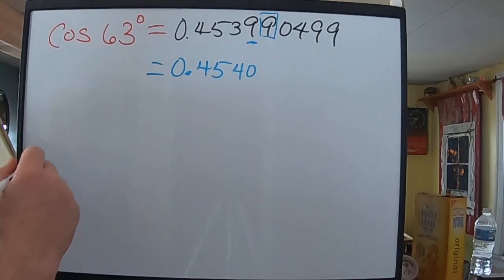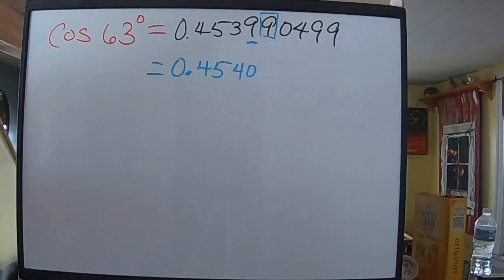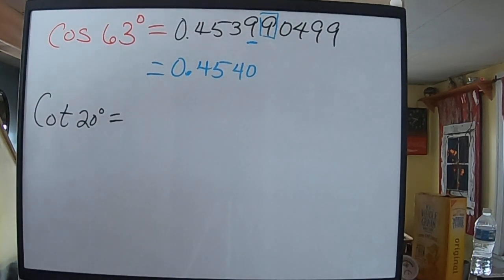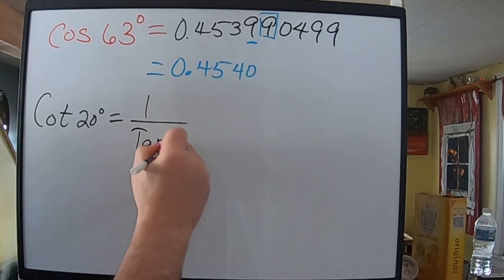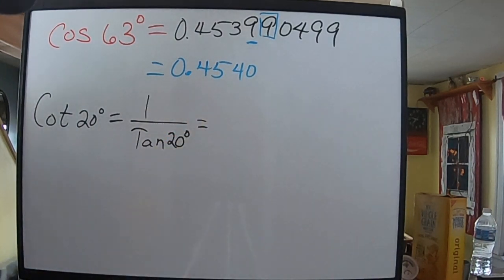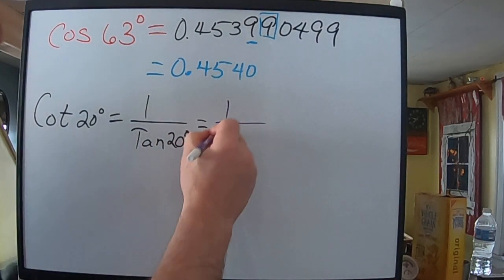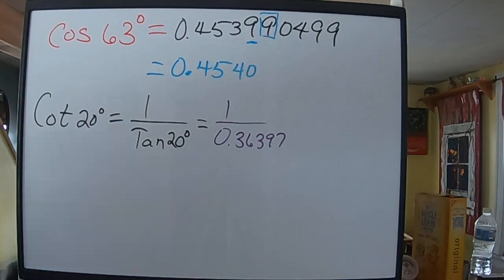Now, what happens if you're given one that's not on your calculator, like cotangent of 20 degrees? Well, it turns out we know that cotangent is 1 over tangent of the same degree, and that's 1 over, now I've got this long decimal, 0.36397 0234.